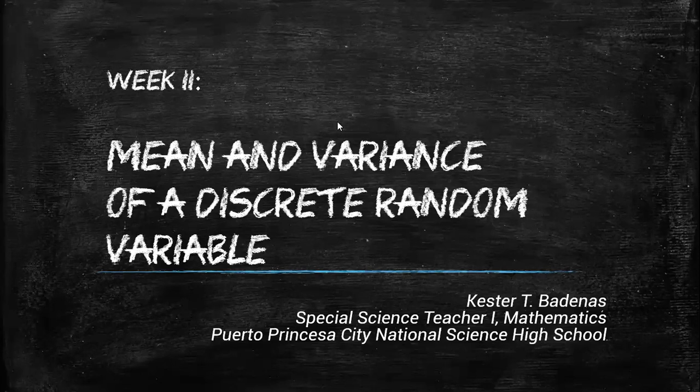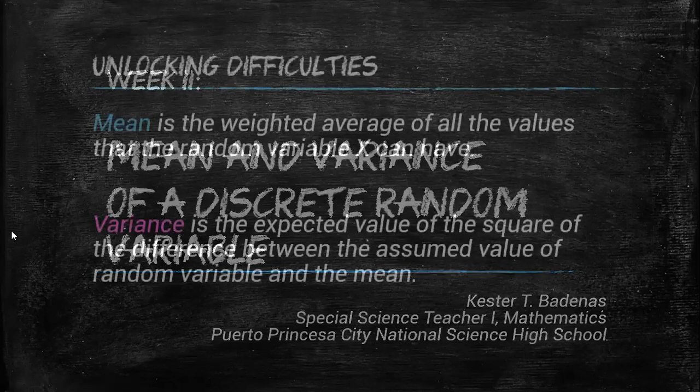Or di na talaga totally? Okay, quiet sila. Okay, anyway, before we proceed to our topic on the mean and variance of the discrete random variable, let us first review what is mean and what is variance.